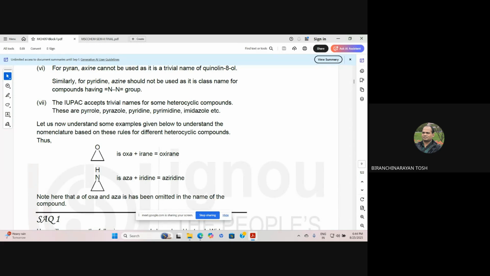You can refer to the table 1.1. For nitrogen, the prefix is aza, and for three-membered ring, if it is nitrogen, I have given the exception there. For nitrogen containing three-membered ring, -irene is used.